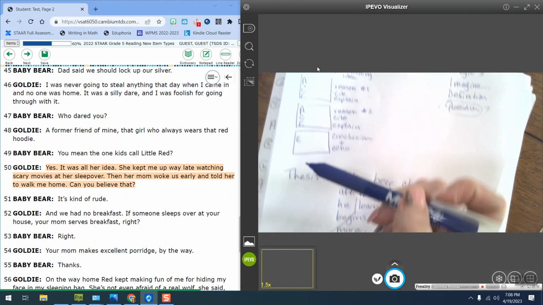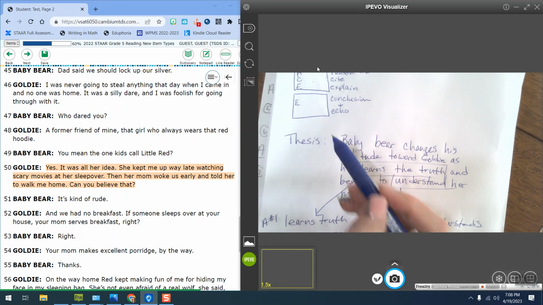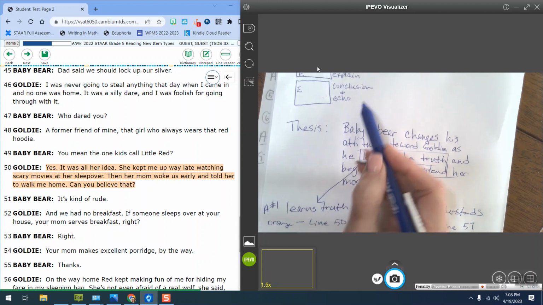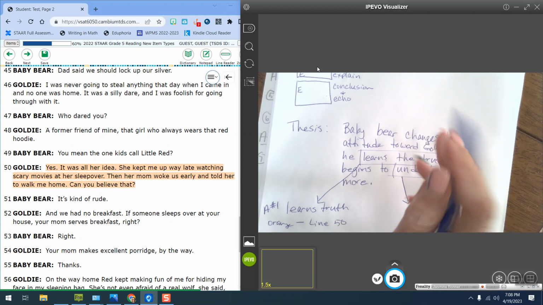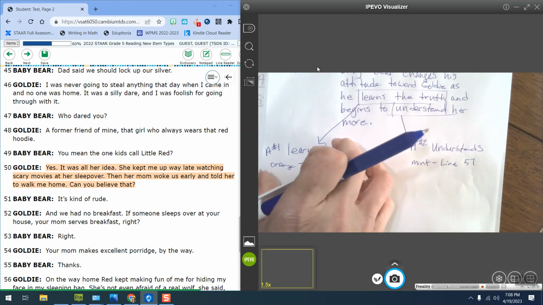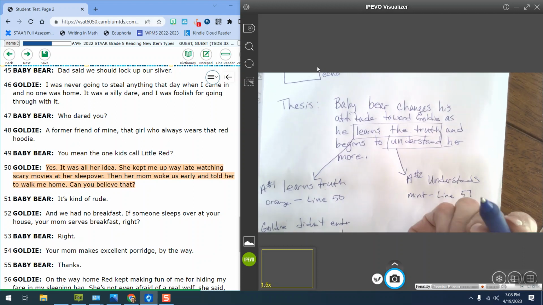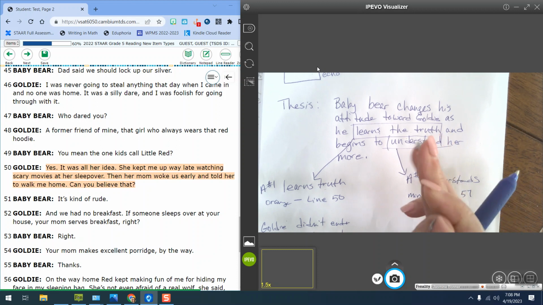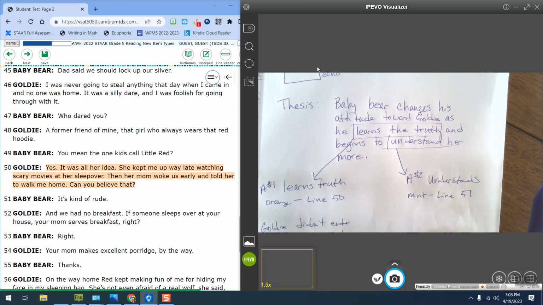So we would have our 2 paragraphs, and then we would come back and we would conclude, right? So we want to echo in our conclusion, we're going to echo our hook. So right now I don't have a hook because this is just my brainstorming, but after I get my ideas down, I'm going to probably start to think what could a hook be. And I'm probably going to say, because I know the story is about Baby Bear did not like Goldilocks.